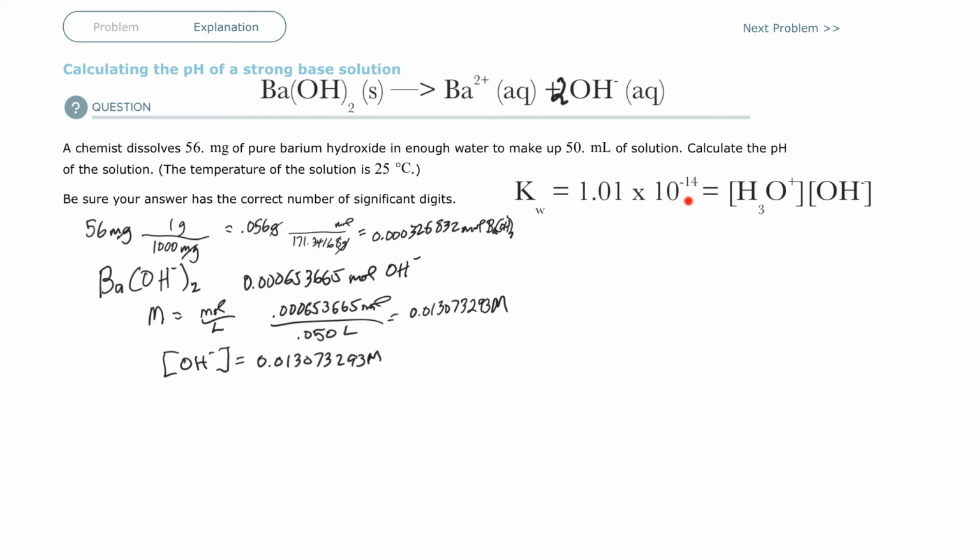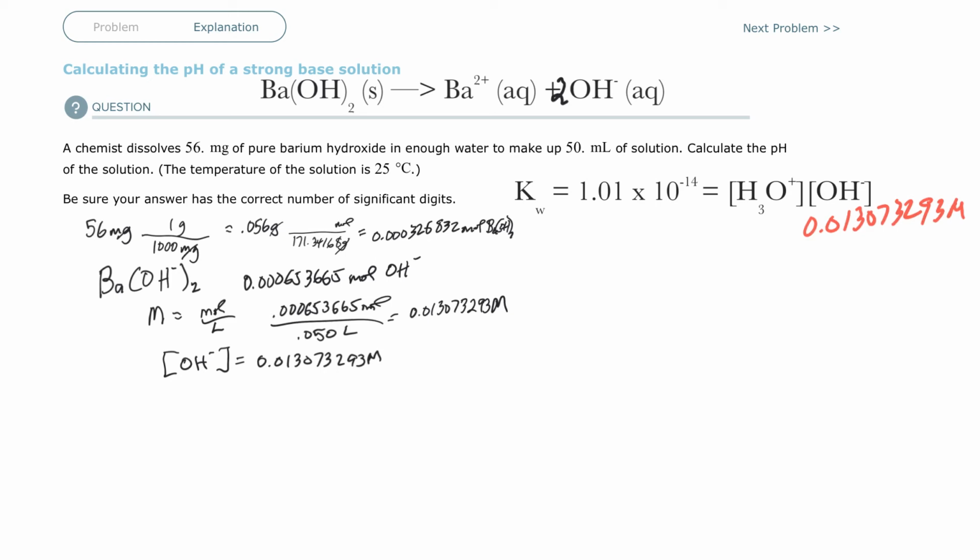And that number also is the product of the concentrations of hydroxide and hydronium. Well, we have the molarity of hydroxide, 0.013073293 molar.